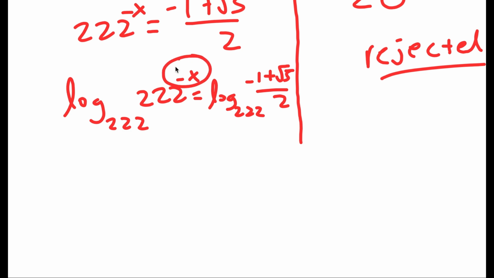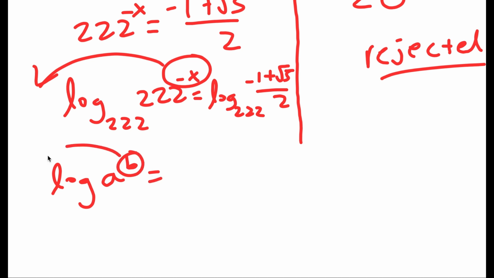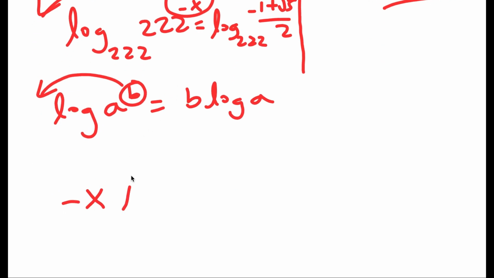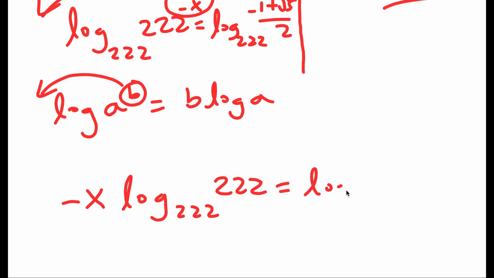So now I can move negative x to the front, because if I have something in the form log a to the power of b, I can move b to the front. So this turns into b times log a. So now I have negative x times log base 222 of 222 is equal to log base 222 of negative 1 plus the square root of 5 over 2.